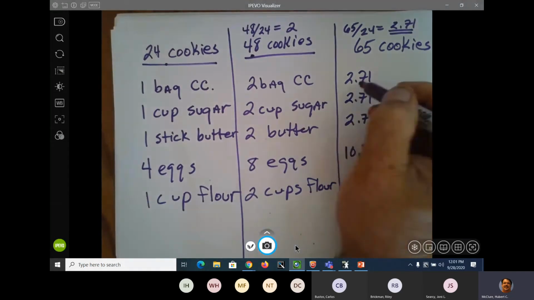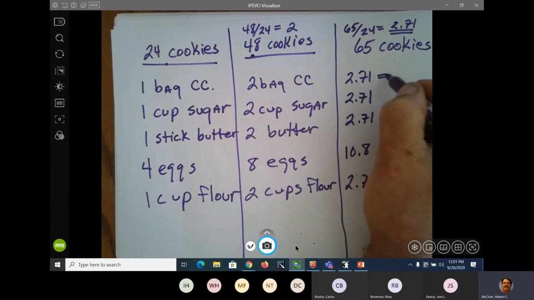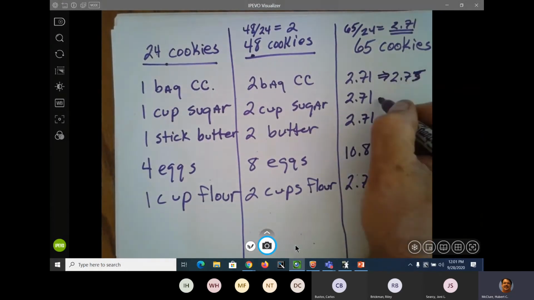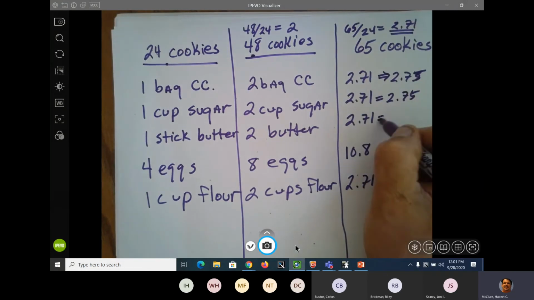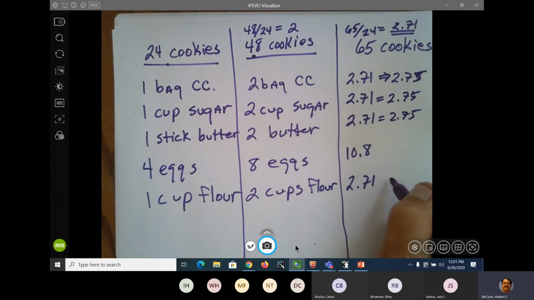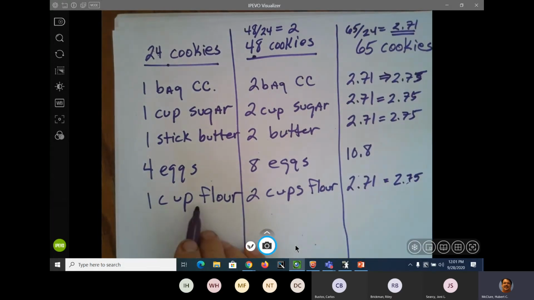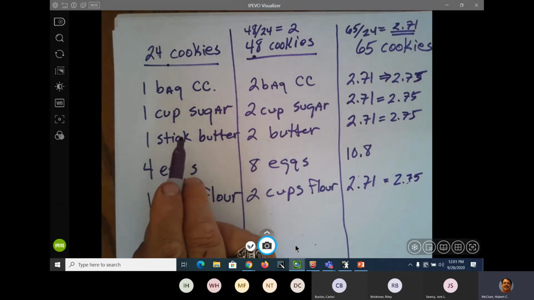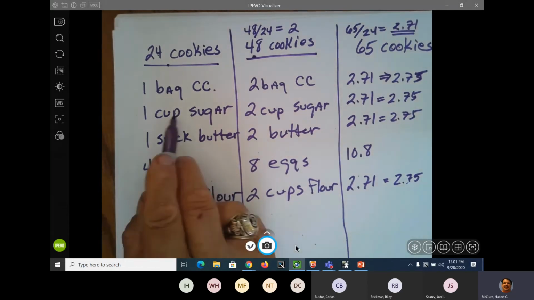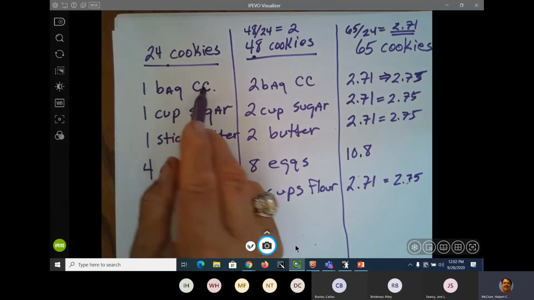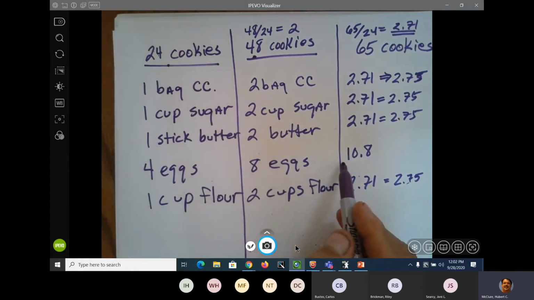Now, of course, 2.71 is close to 2.75, which is 2 3/4 cups of whatever. So you would use 2 3/4 cups of flour, 2 3/4 sticks of butter, 2 3/4 cups of sugar, 2 3/4 bags of chocolate chips, and 11 eggs.